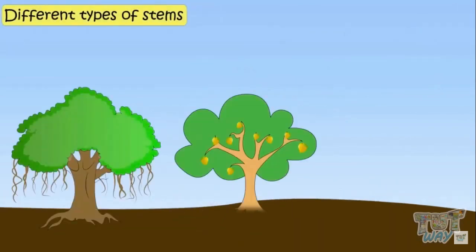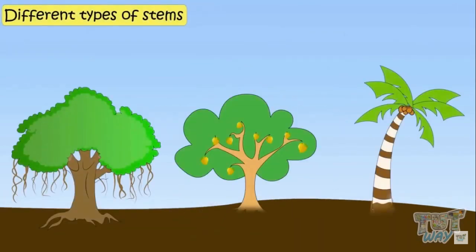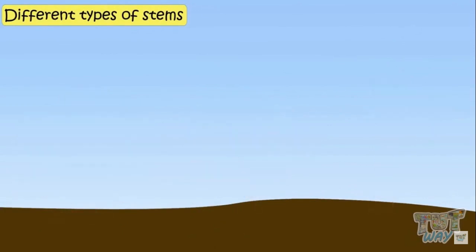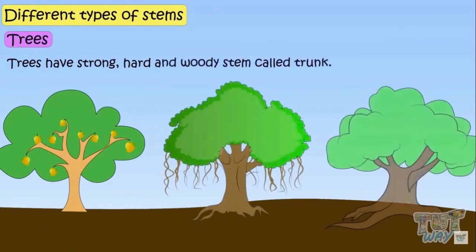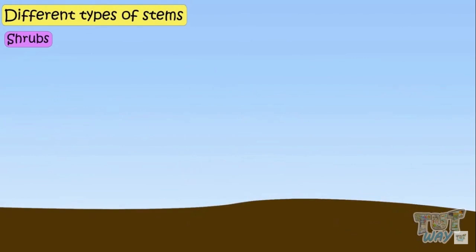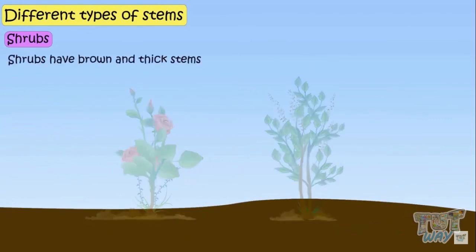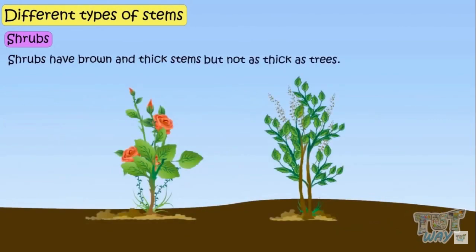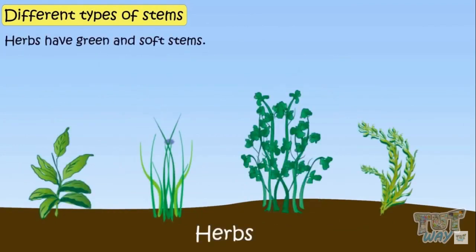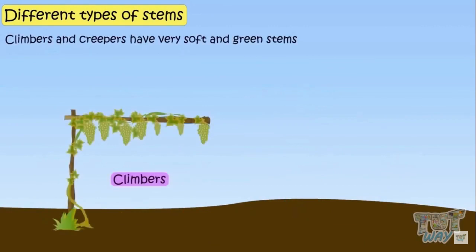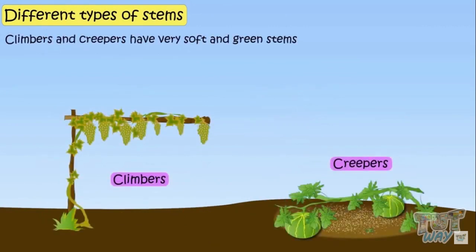Different types of plants have different types of stems. Big trees have strong, very hard, and woody stem, which is called a trunk. Shrubs. Shrubs have brown and thick stems, but not as thick as trees. Herbs have green and soft stems. Climber and creepers have very soft and green stems that can't keep the plant upright.